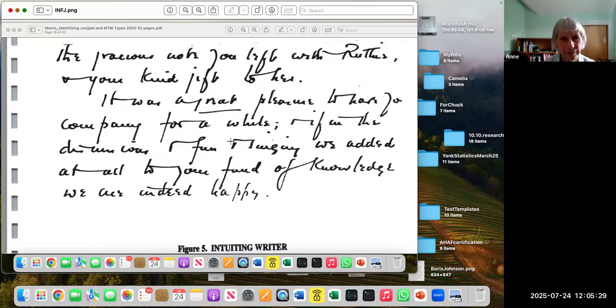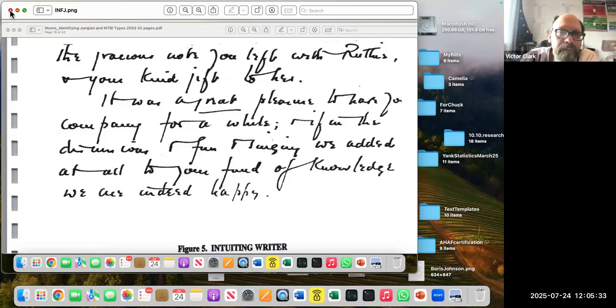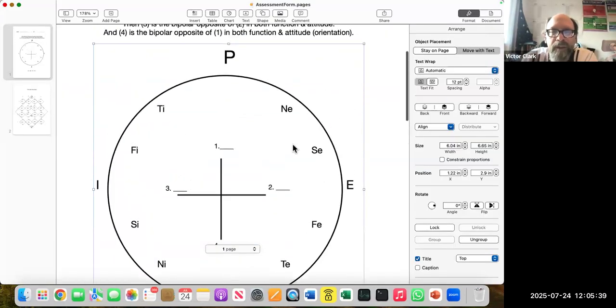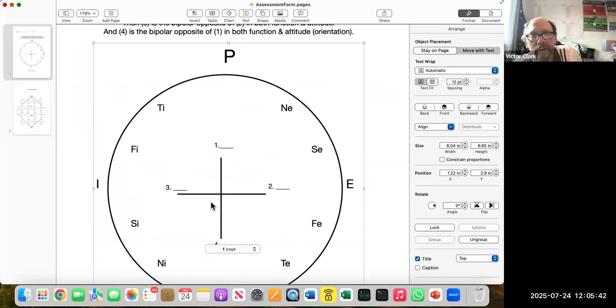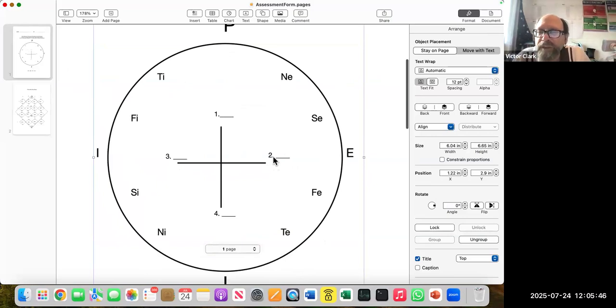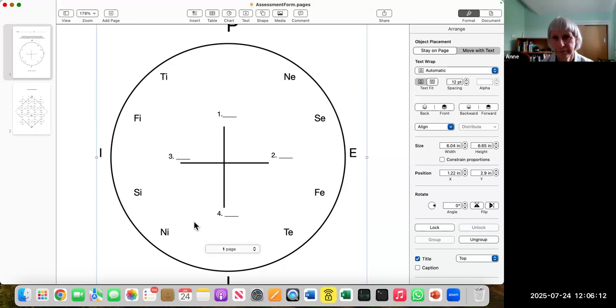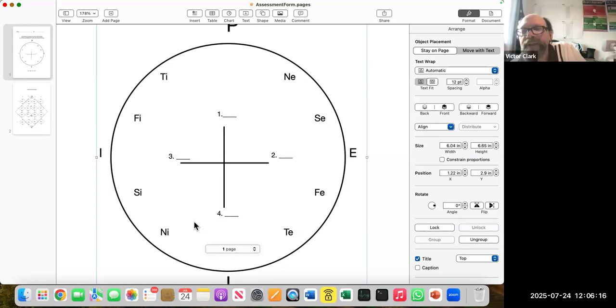And then I go to this little form here, and I think, well, if it's both sensing and intuition, it's more likely that would be on the arms, because the inferior function, number 4, the dominant and inferior, is very seldom fully developed until late in your years. Does that make sense?